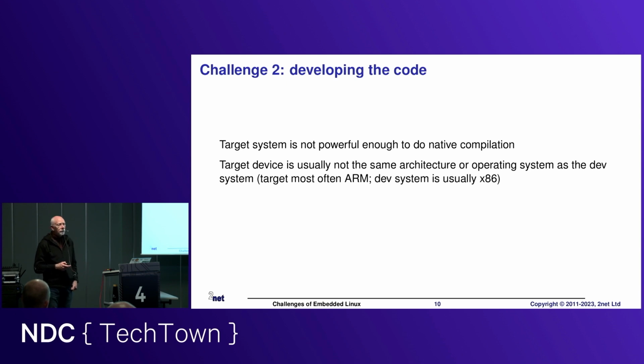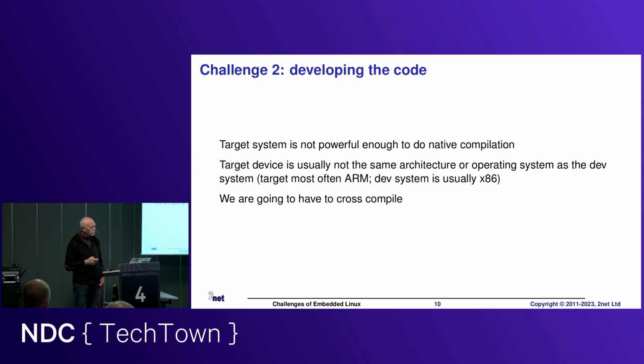And you'll be using a different operating system on the target device than what you use in your development system, so it's definitely not going to be Windows. It might be Linux of some kind, but it will be a different kind of Linux. Conclusion then, we're going to have to cross-compile.